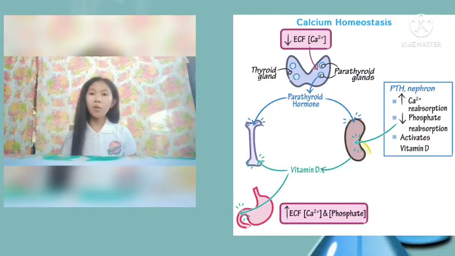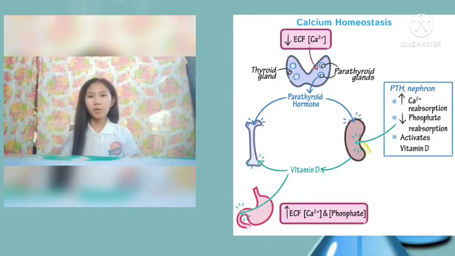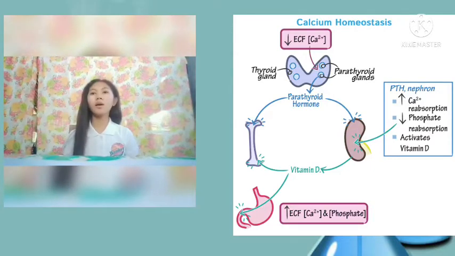Ang layunin po nito ay isa pong mechanism kung saan ang katawan ay nagpapanatili ng sapat na antas ng calcium upang maiwasan ang hypercalcemia o hypocalcemia, na parehong maaaring magkaroon ng mahahalagang kahihinatnan para sa ating kalusugan.